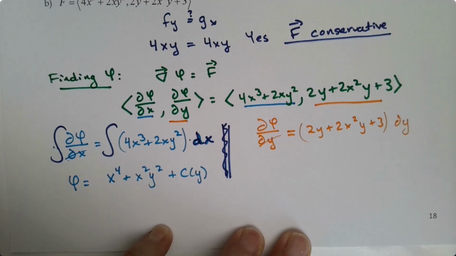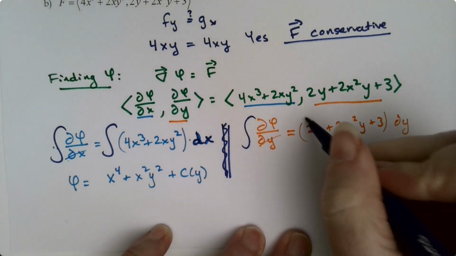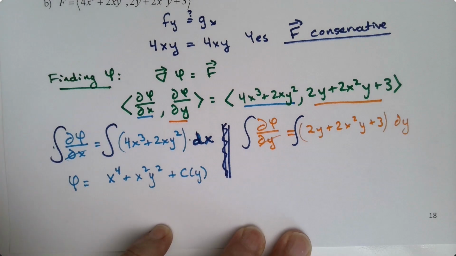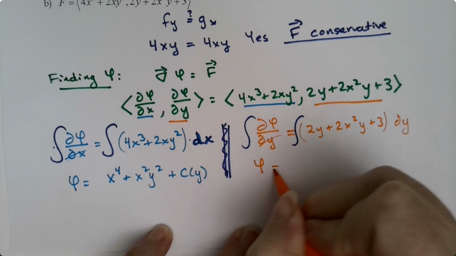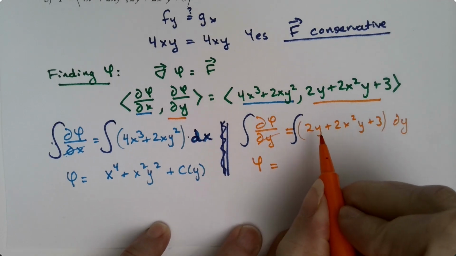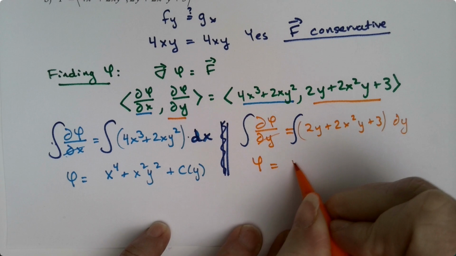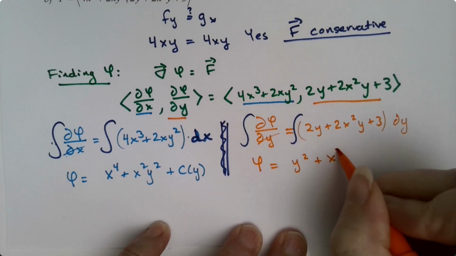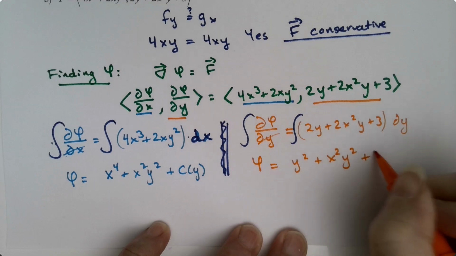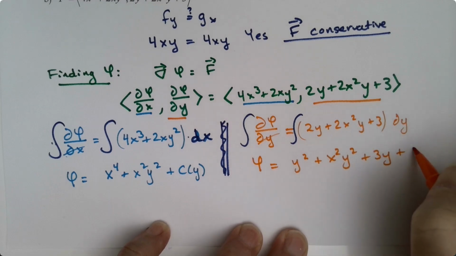And then I'm going to integrate both sides of that. So the integration of d phi is phi equals, and then I'm integrating this with respect to y. So add 1 to the power, so y squared plus x squared y squared plus 3y plus some function of x.